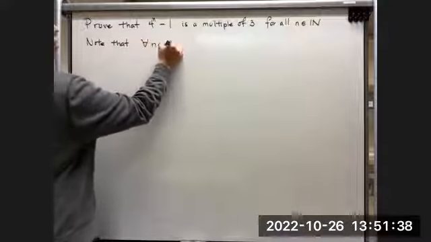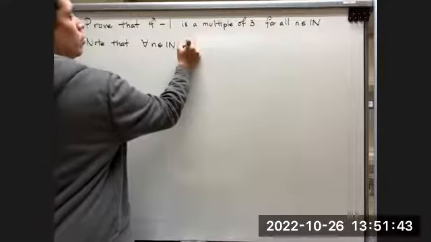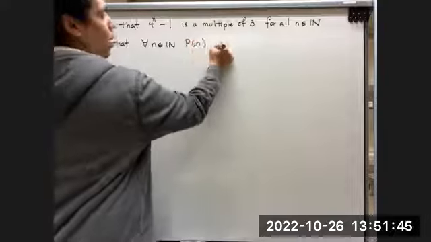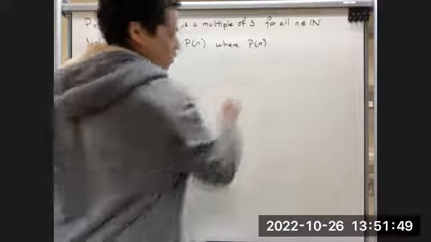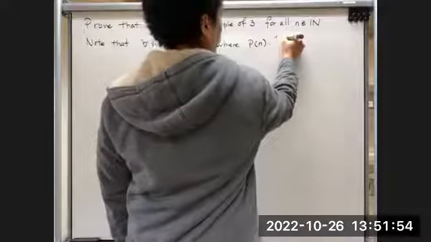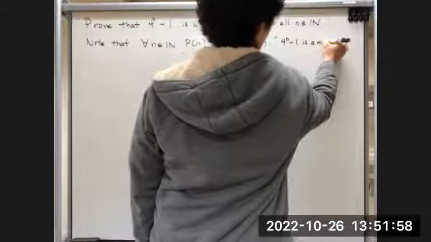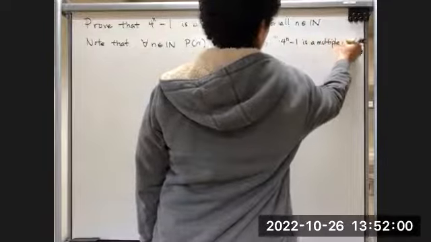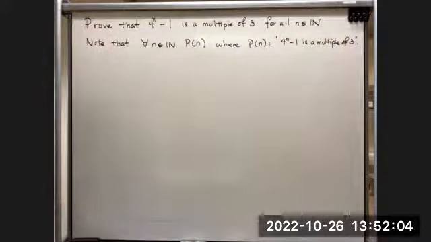For every n in the collection of natural numbers, including 0, of course, P of n, where P of n is the following predicate. 4 to the n minus 1 is a multiple of 3. Okay, so this is a perfect candidate for an attempt to prove it by induction.